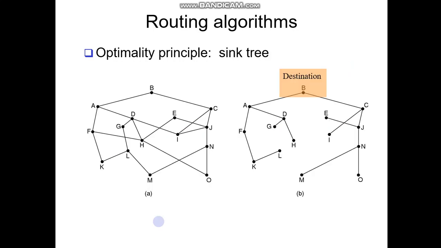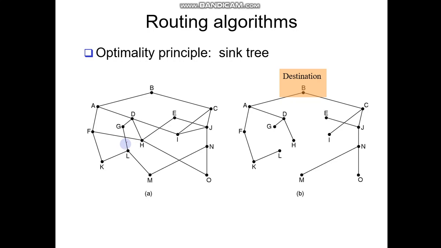We will see an example here. We have a network here. For example, from L, this is the optimal path. So we can say that all traffic from K, F, and A to B also follows the same path.